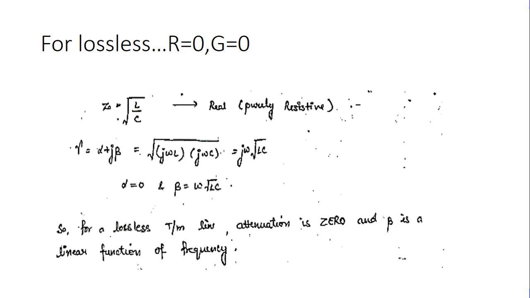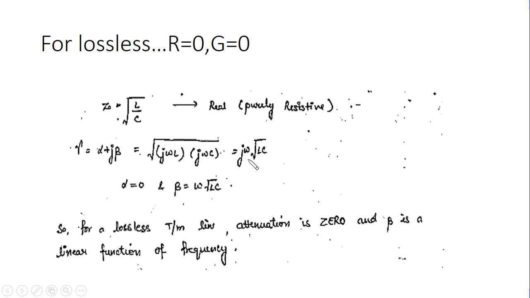In such a case, gamma will be equal to alpha plus j beta, that is under root of R and G will be 0. Therefore, under root of j omega L into j omega C, which is j omega squared under root, taken common like this, j omega and under root of LC.